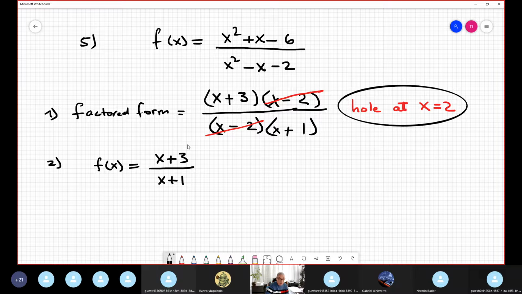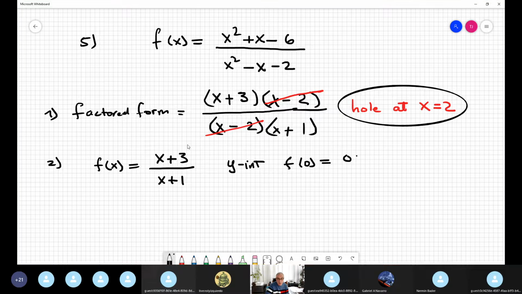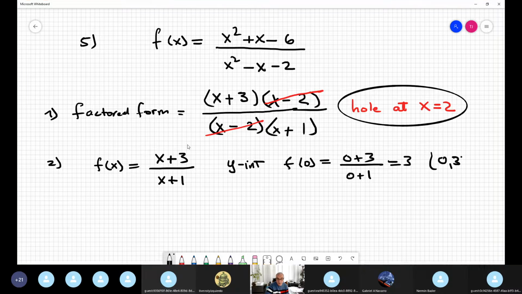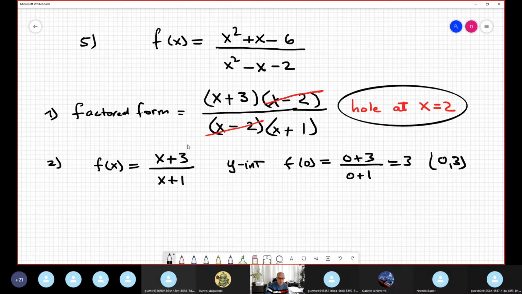And so now, in step 2, we find the y-intercept. The y-intercept is f evaluated at 0, which is 0 plus 3 divided by 0 plus 1, which is 3. Super. At the point 0, 3 is our y-intercept. The x-intercept is where the function equals 0.